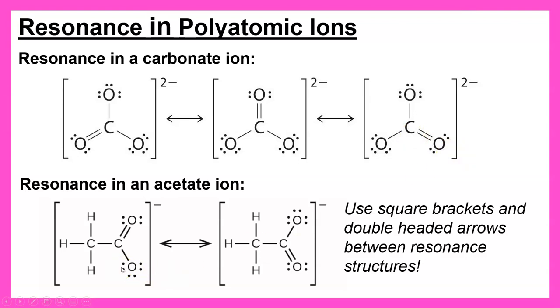Over here, this is acetate ion. One resonance structure has a double bond on the top. One has it down here on the bottom. You notice we put square brackets. If there's a charge, you put the charge, and we put arrows, double-headed arrows, between all of the resonance structures.